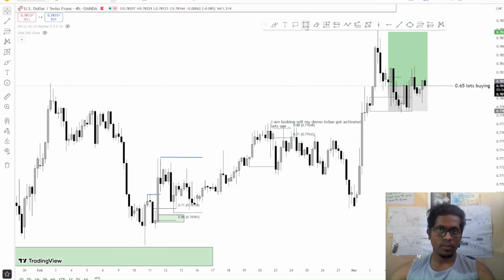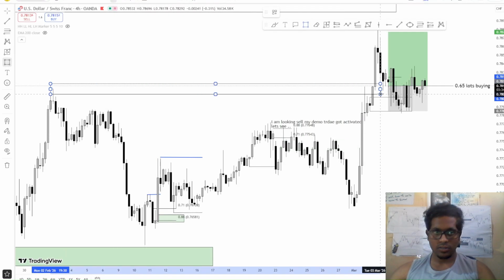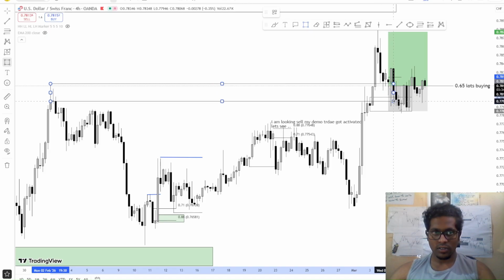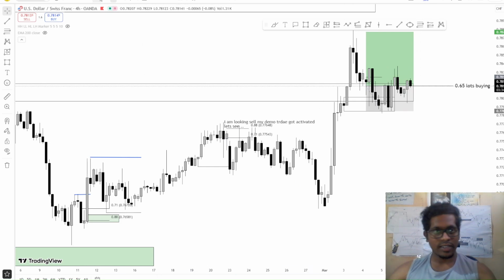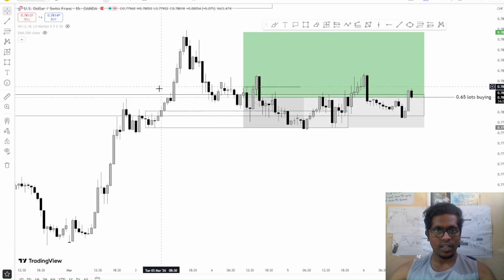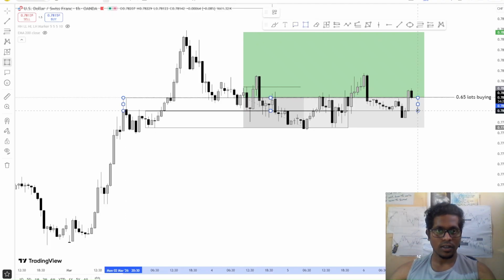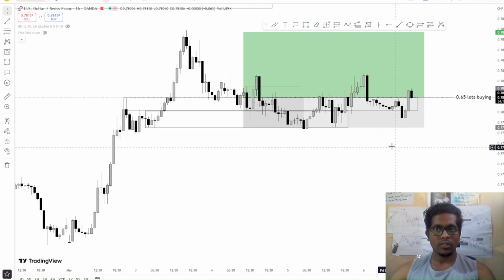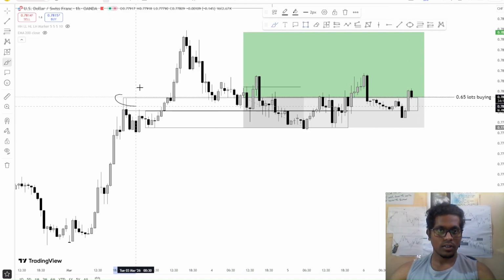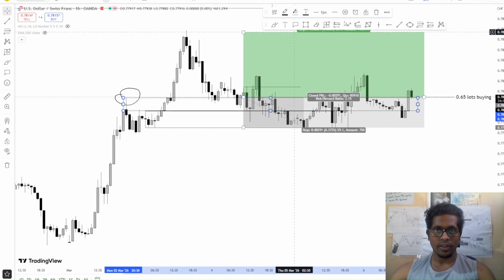I was waiting. I saw this resistance level or an order block, let it be anything. In that same area, we can find another resistance level crossing on the 1 hour time frame. So this was another confirmation for me to take a trade.